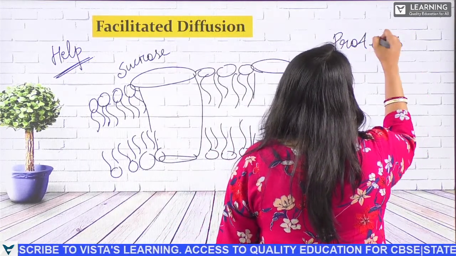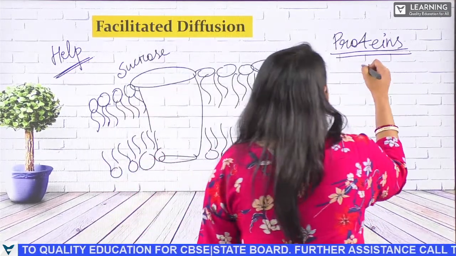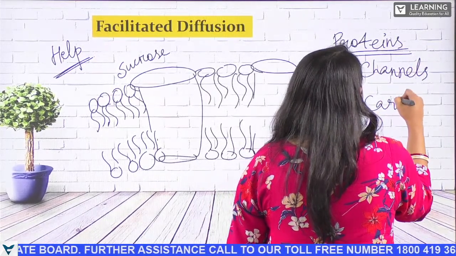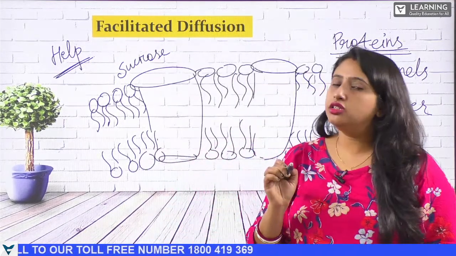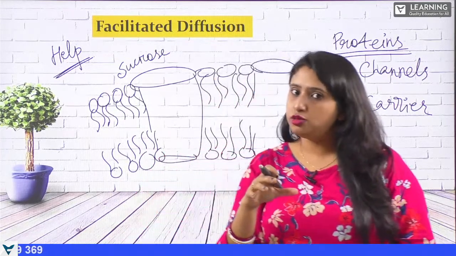So what are the various proteins necessary here? They need special proteins in the form of channels or carriers. With the help of these carrier proteins or channels, these molecules will be able to cross the plasma membrane.